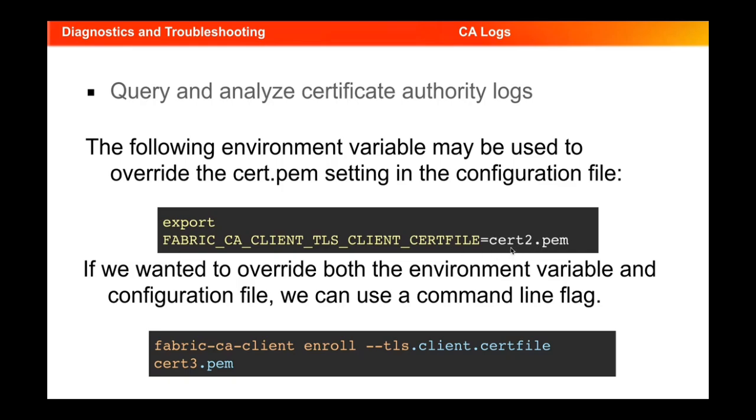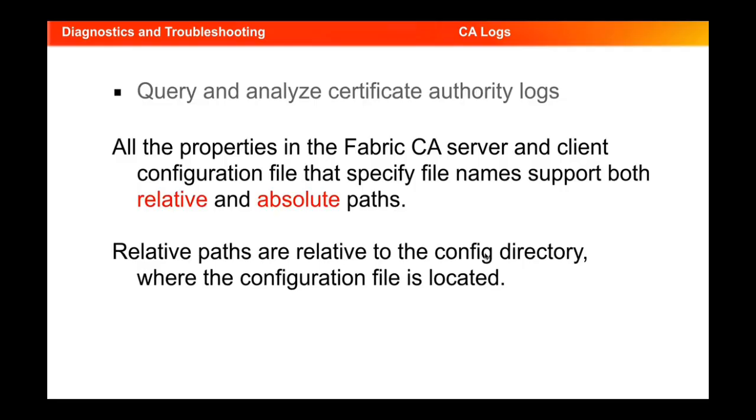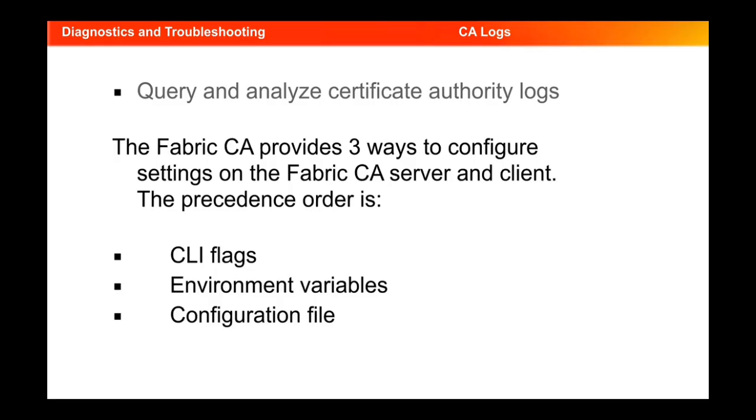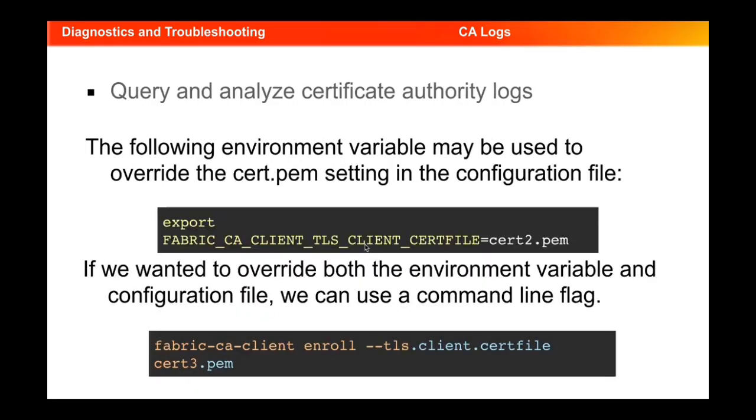The value cert2.pem will replace the previous value of the property cert file, which we have shown here. So this file's property cert file will get overridden by the value that we have provided in this environment variable.